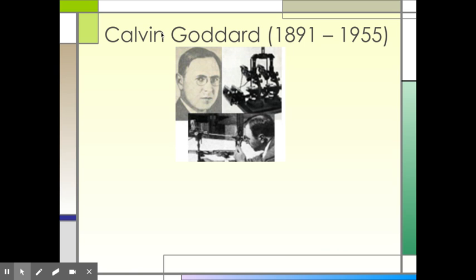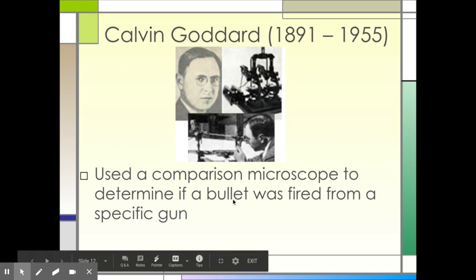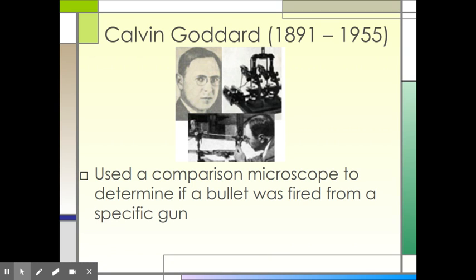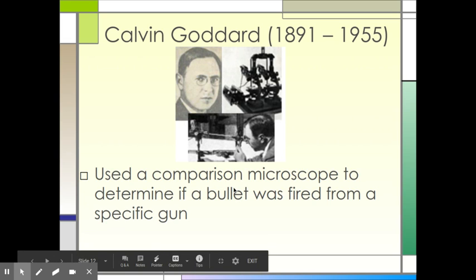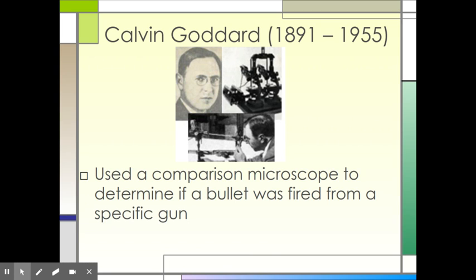Calvin Goddard, 1891 to 1955, used a comparison microscope to detect if a bullet was fired from a specific gun. Okay, this is kind of the father of modern ballistics. If you can find the slug of a gun at a crime scene, and it's probably a .45 caliber or a 9mm or a Glock or an AR-15, you can fire a test bullet from that weapon and then compare that to the actual bullet found at the crime scene, and you could match bullet to gun.